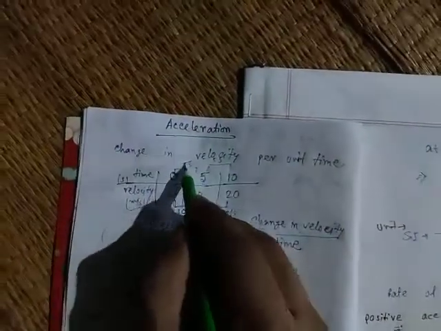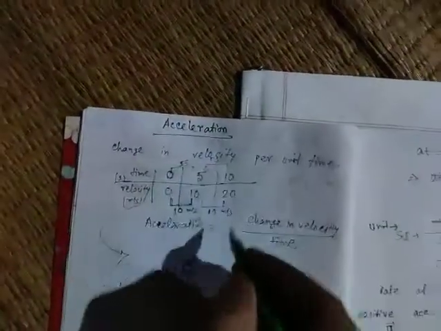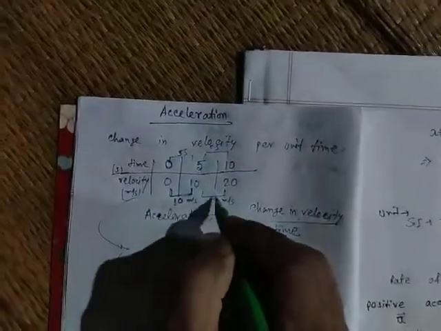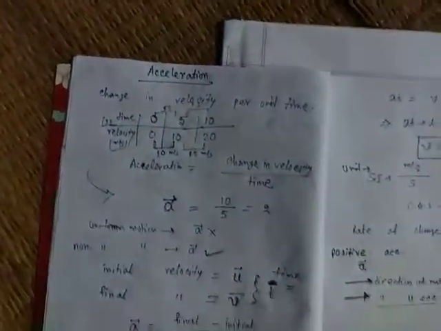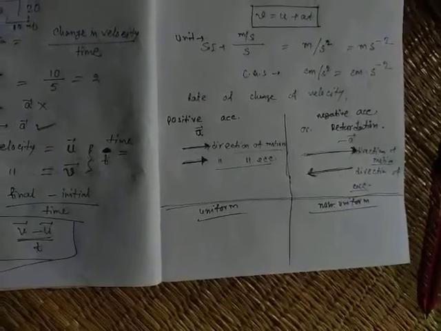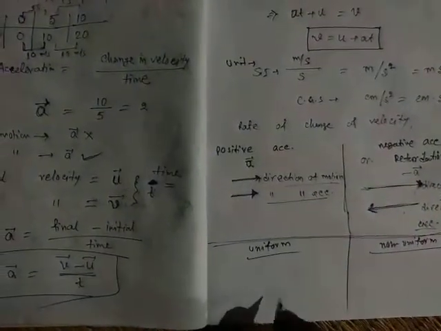In the first 5 seconds velocity changes by 10, the next 5 seconds velocity changes again by 10. That means velocity changes equally in equal intervals of time. This kind of acceleration is called uniform acceleration. Understood what is uniform acceleration?